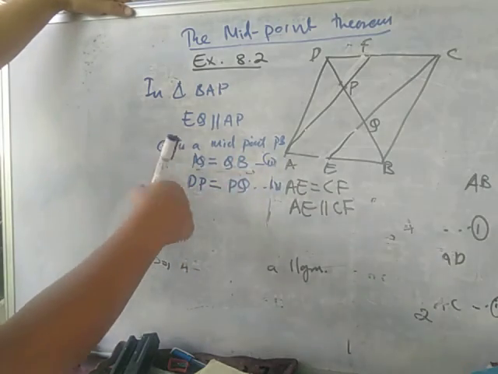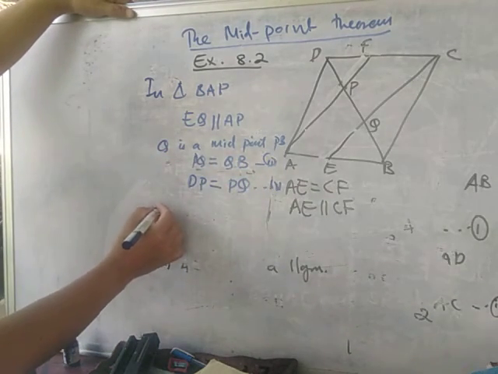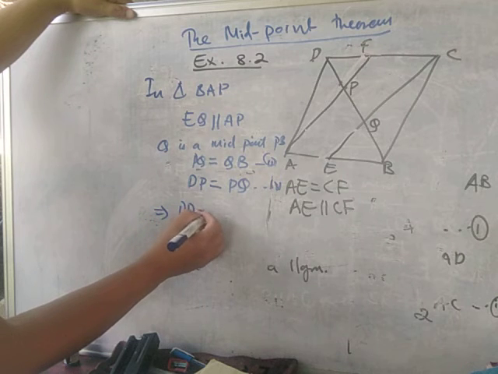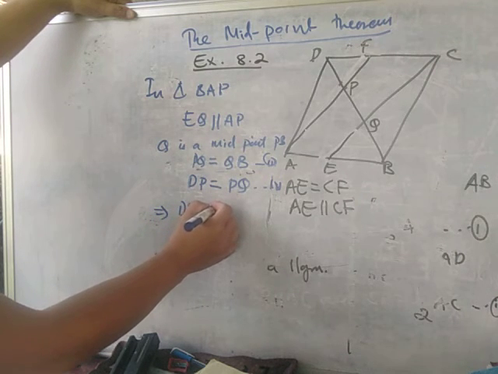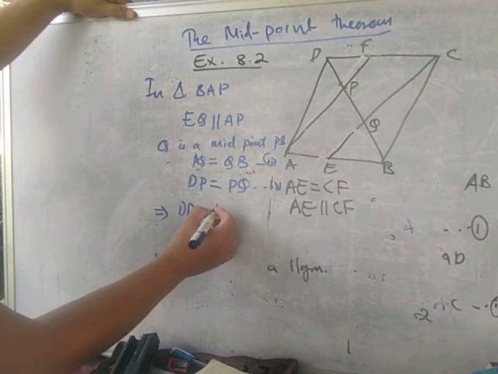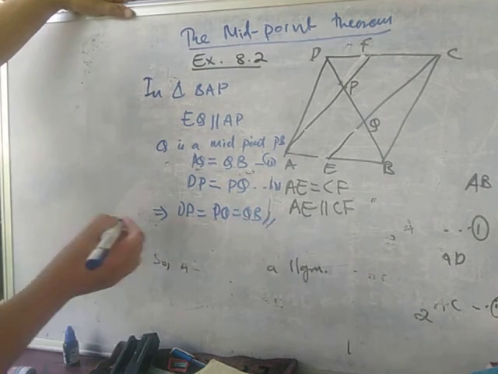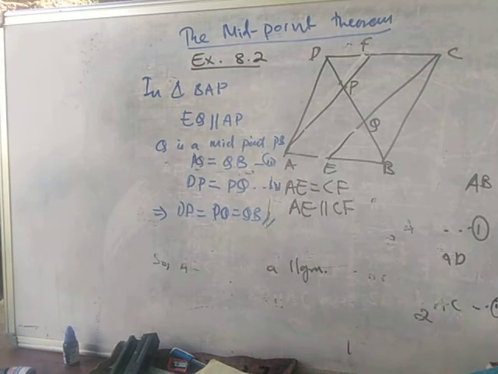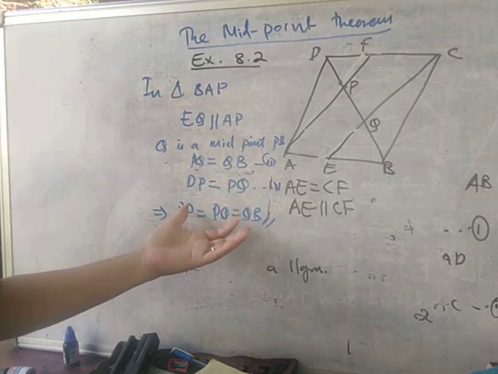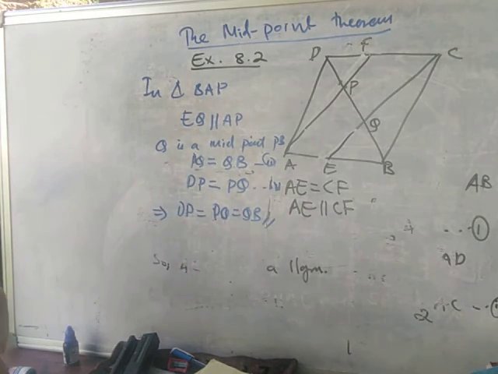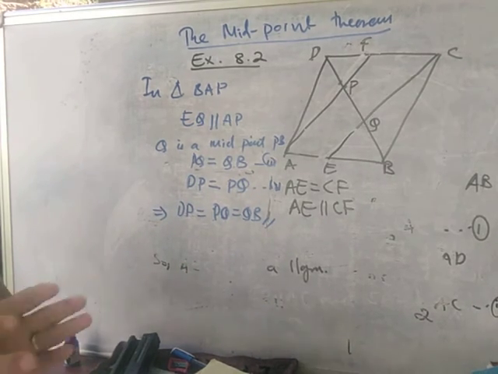From third and fourth, what will you get? DP equals PQ equals QB. Done, isn't it? So we just applied the converse as well as the midpoint theorem. Okay, hope you understood.